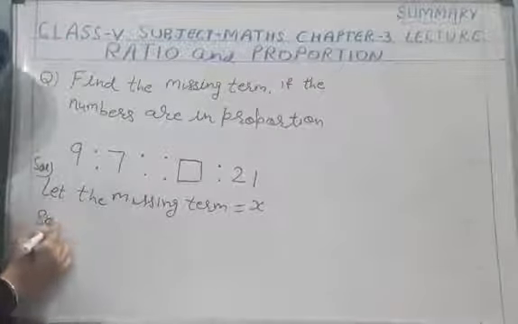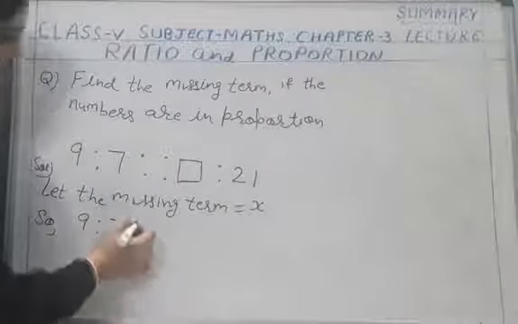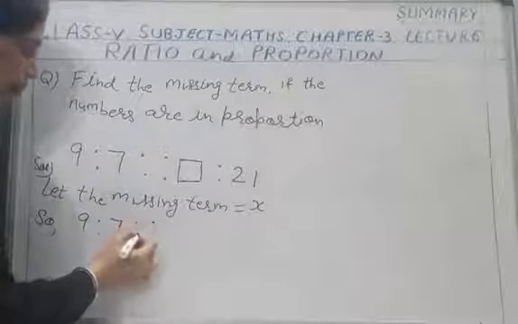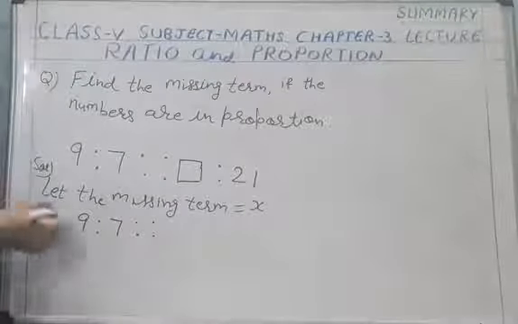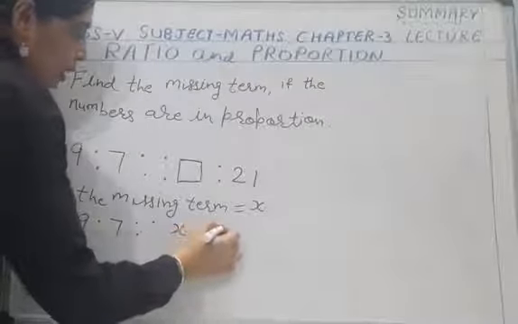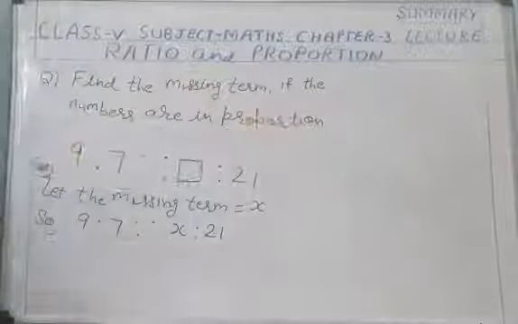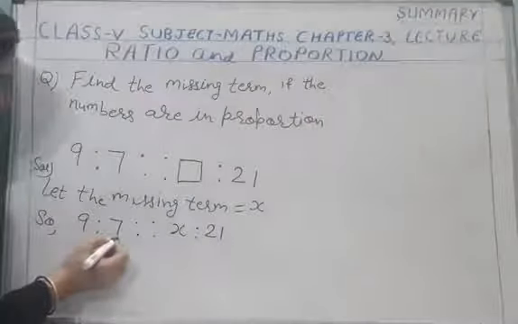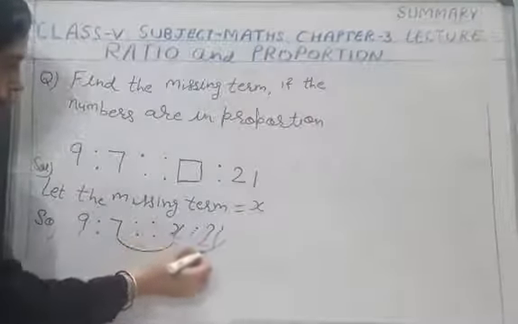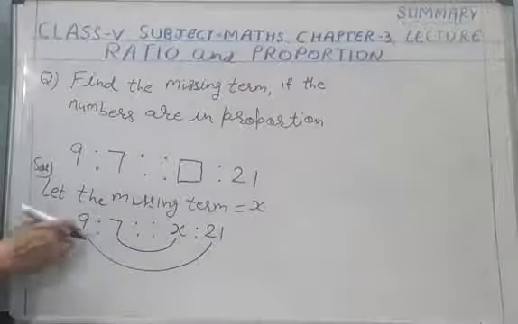So what will be our equation? 9:7 proportion x ratio 21. As it is given that the numbers are in proportion, we know this product of means will be equal to product of extremes.